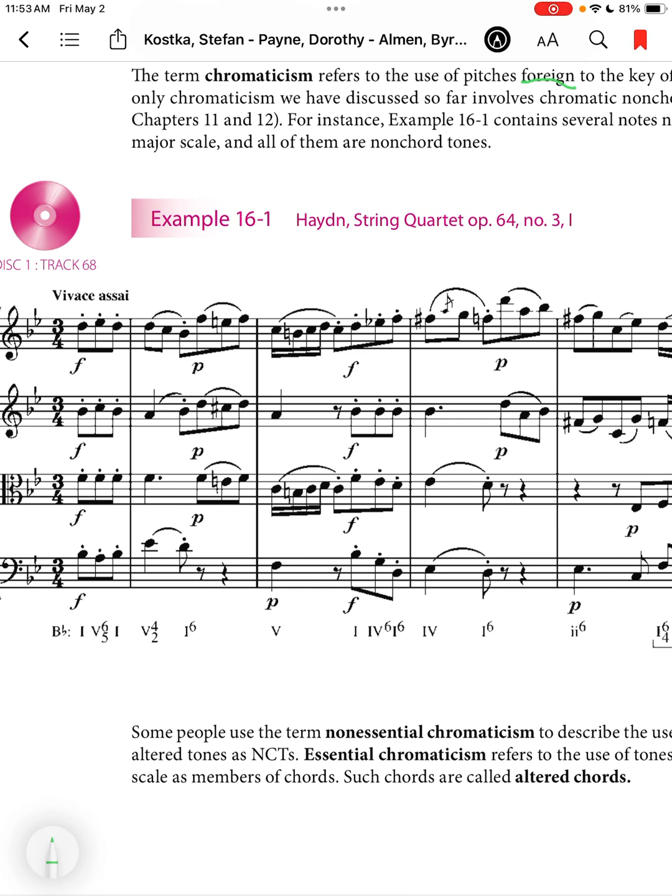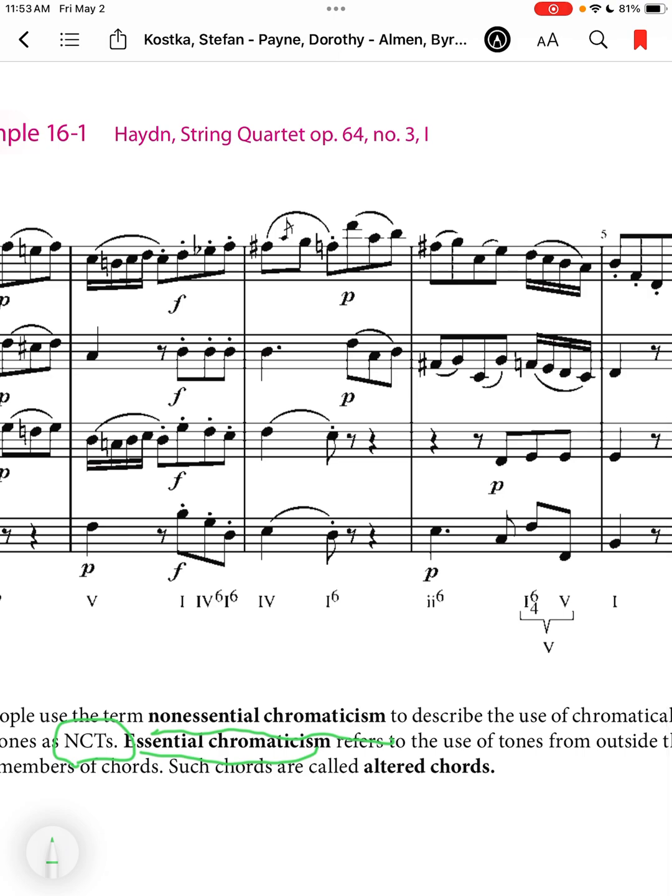And you have to say that some people use non-essential chromaticism, which is altered as NCTs, and essential chromaticism, which is known as altered chords.